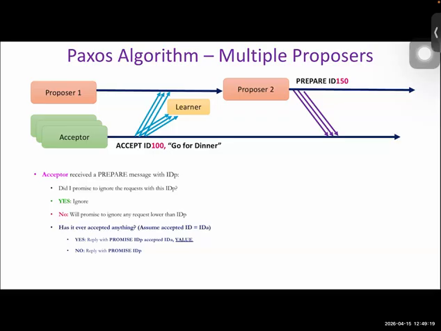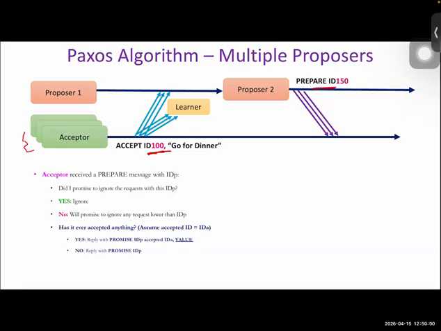This way, if there are multiple proposers, they can be handled to reach consensus. The first proposer's value with ID 100 was accepted, so everyone became a learner. The second proposal, 150, was accepted by the majority of the acceptors.